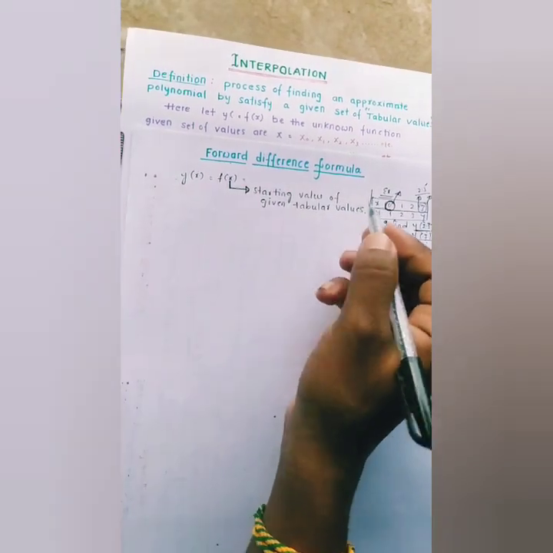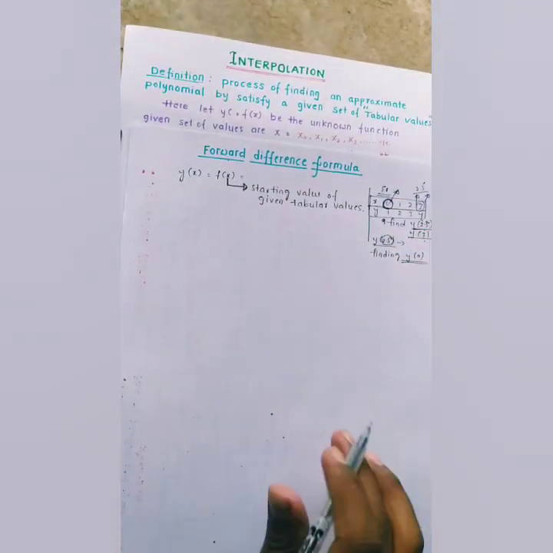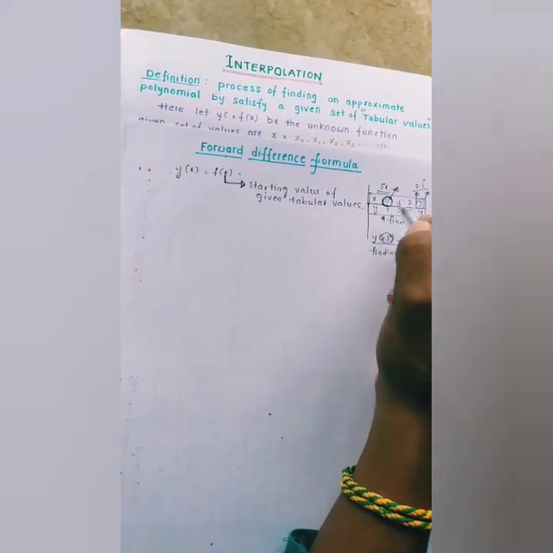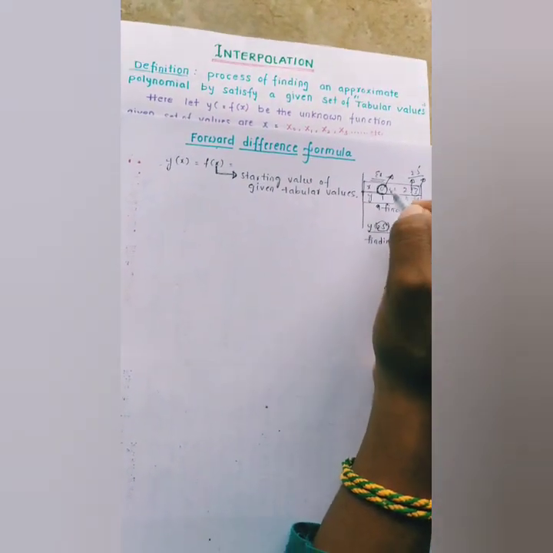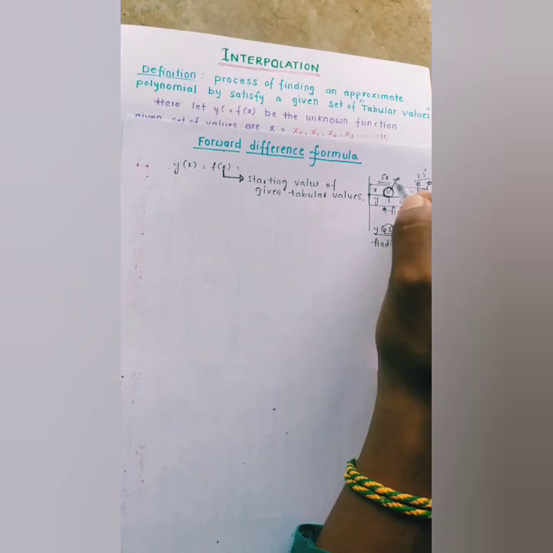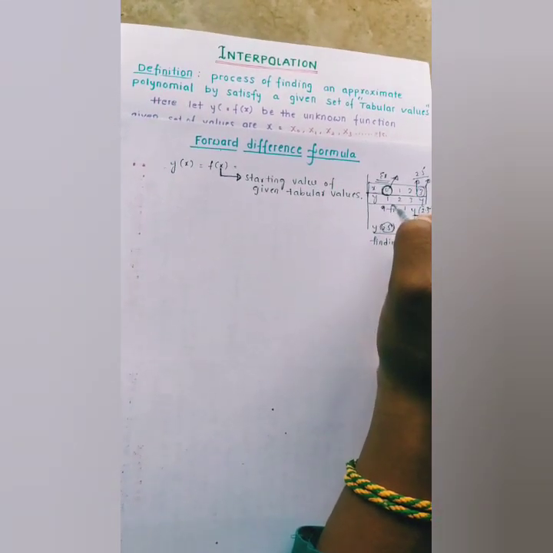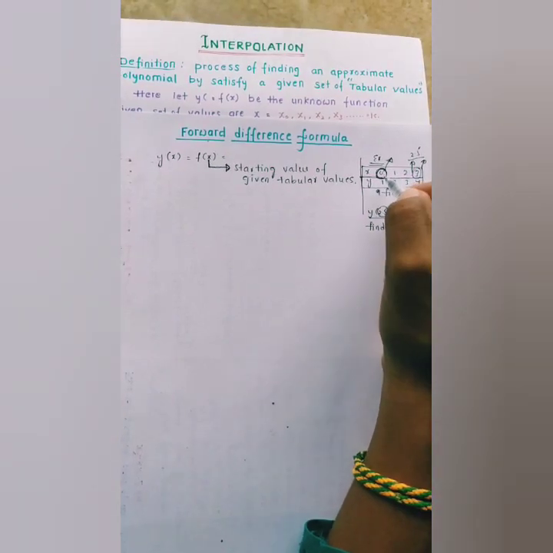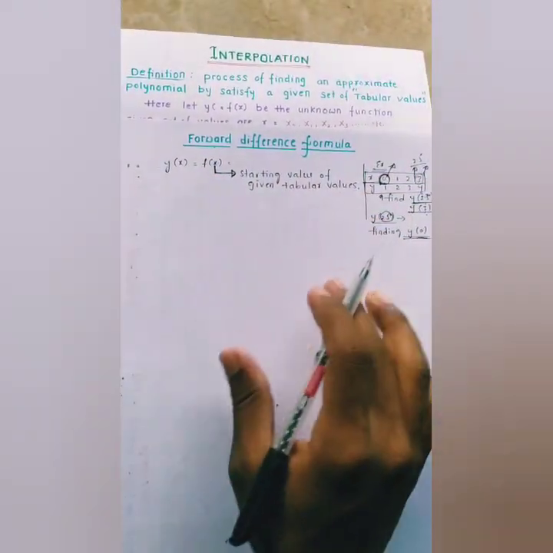Only in that condition can we use the forward difference table. Here 0 is the starting value of the given tabular values, so for finding the approximate polynomial at y of 0, we can use the forward difference table.